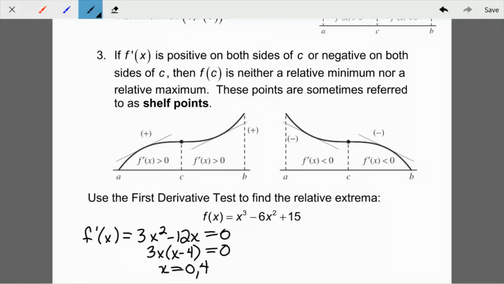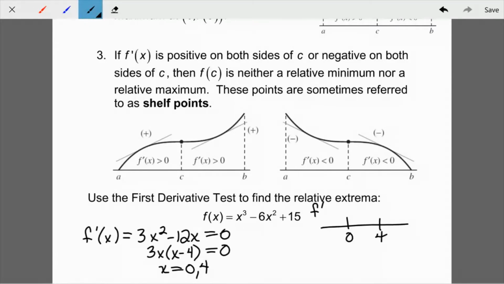And then I'm just going to use a sign chart to identify whether I have maximum or minimum values at these points. Okay, so I've got the values of 0 and 4 on a number line here. This is my sign chart for f prime. So remember, we can just test within one of these intervals and then use the multiplicity of our critical points to figure out if we have sign changes.